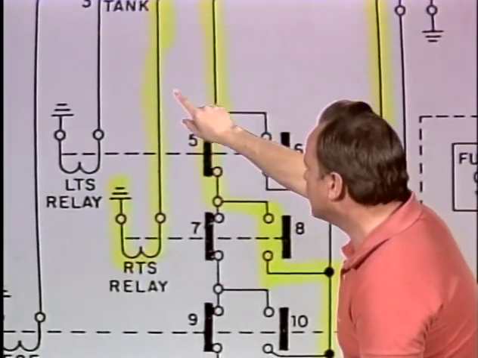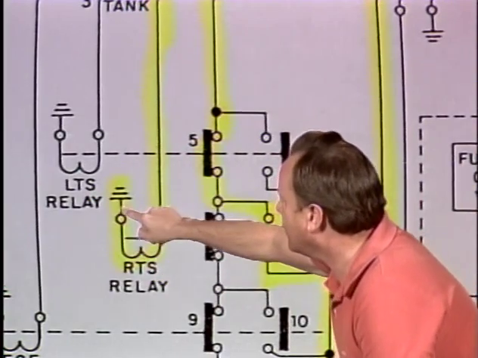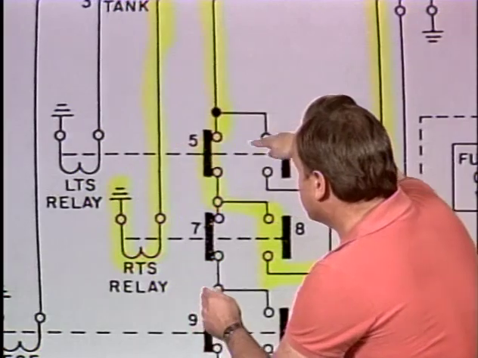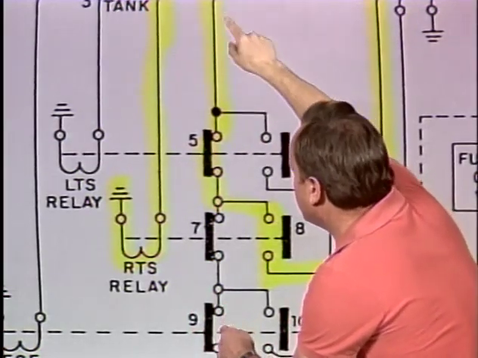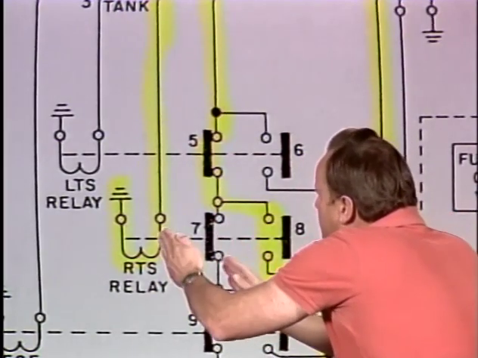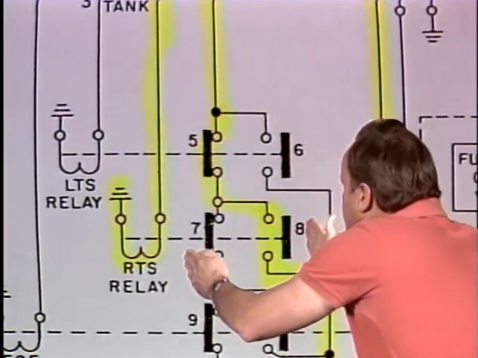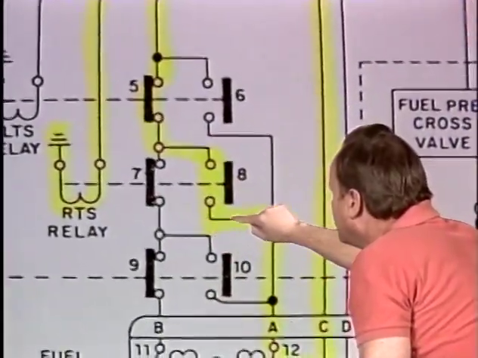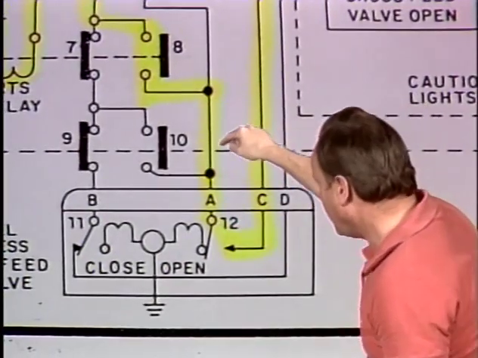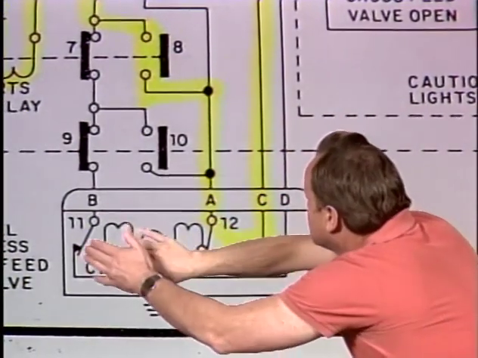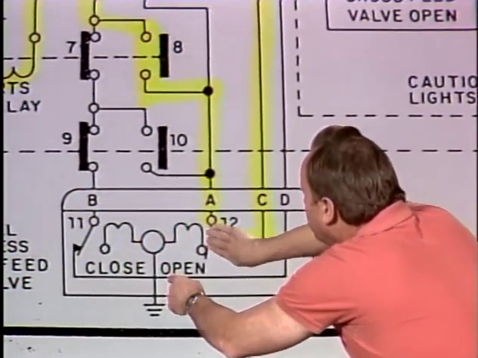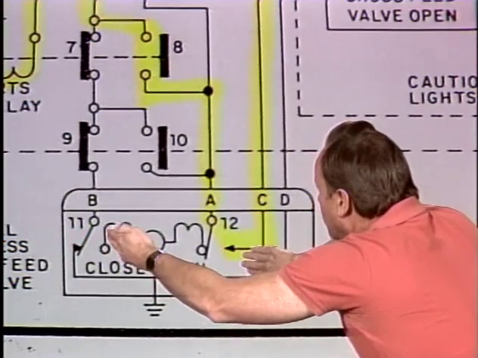And when that happens, the RTS relay is energized. Now, the LTS relay is not energized, so the current is coming from the bus right straight down here. But when the RTS relay is energized, switch 7 is moved to the left, and that's an open. And now switch 8 is closed, and now we have a path that goes like this for the current. Since we have a path that goes like this, we hit terminal A here, and that means this whole solenoid is activated, and switch 12 will close and switch 11 will open.